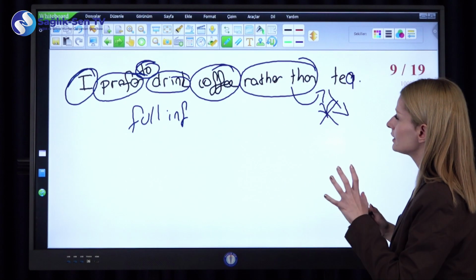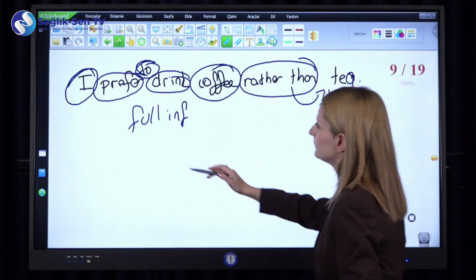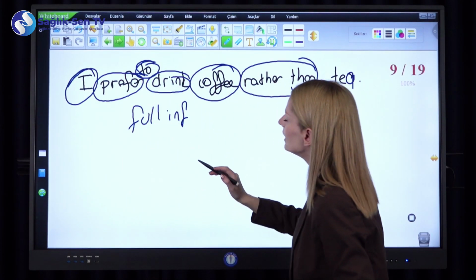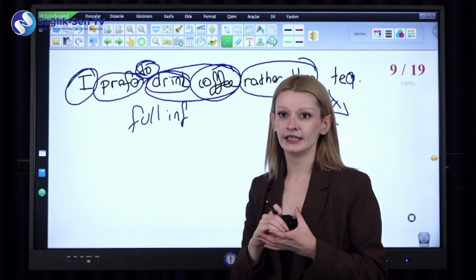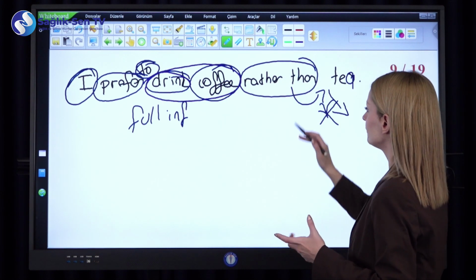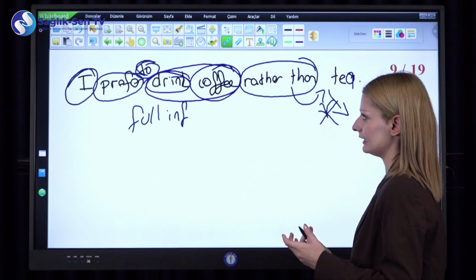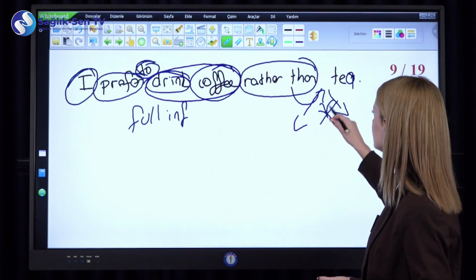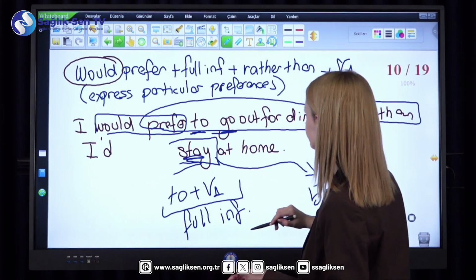I prefer to drink coffee rather than tea. My choice is to drink coffee rather than tea. Our action slash verb is again the same. That's why I didn't use it. Instead, I just put the second option.